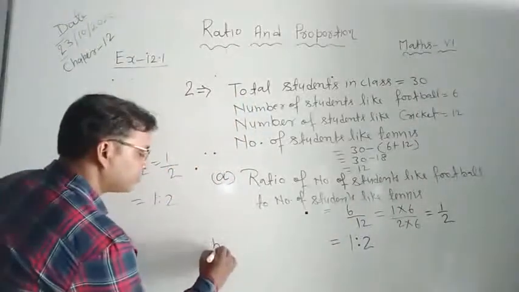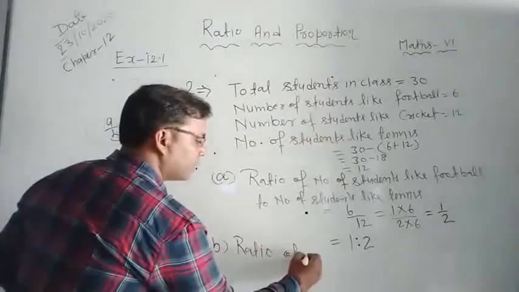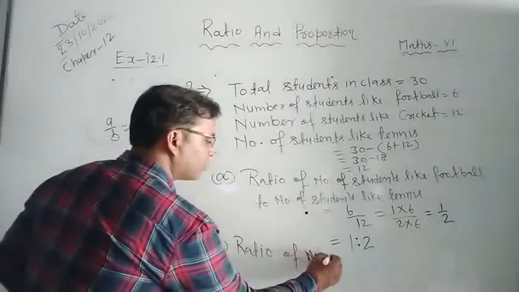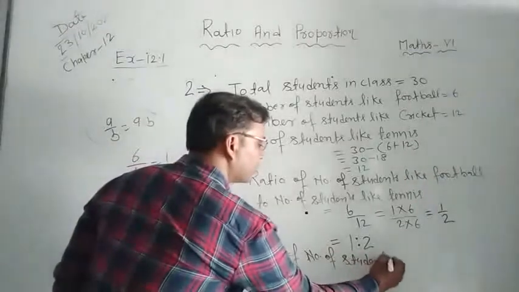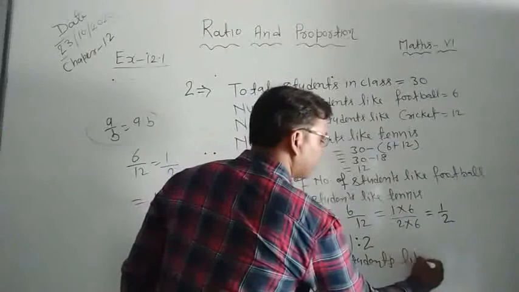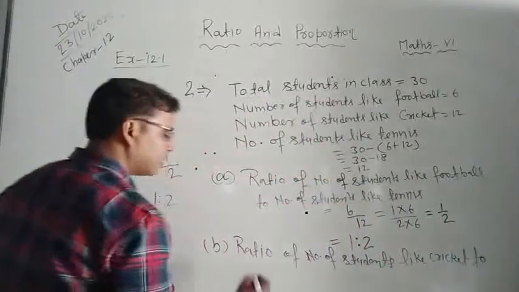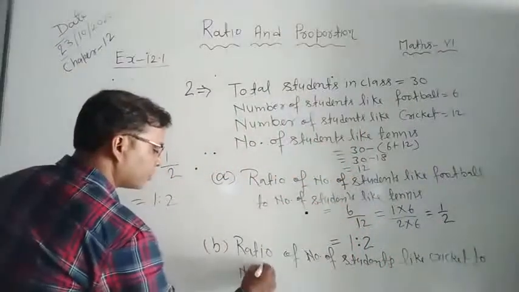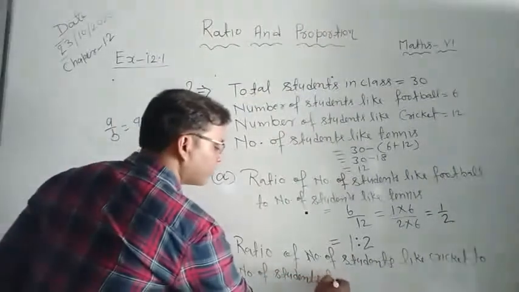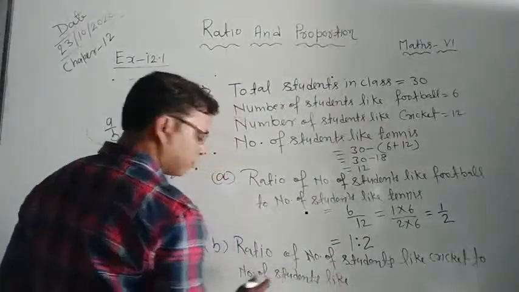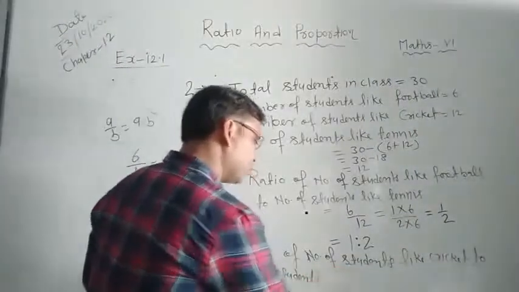You can write here the ratio of the number of students who like cricket to the total number of students.